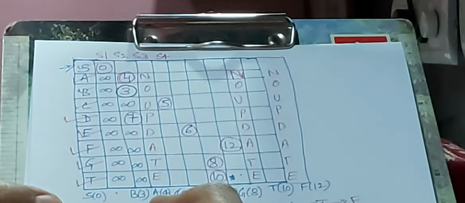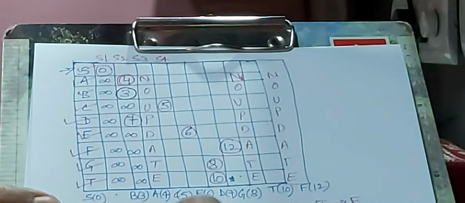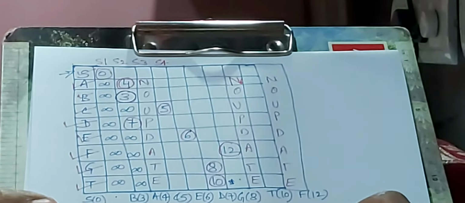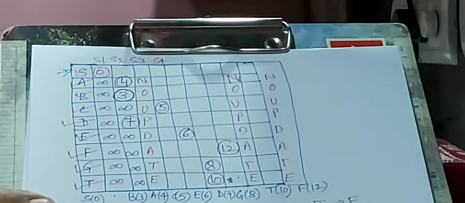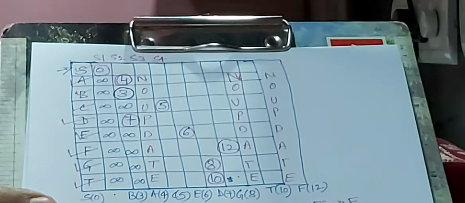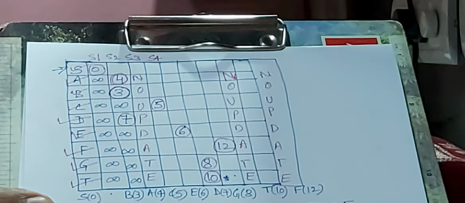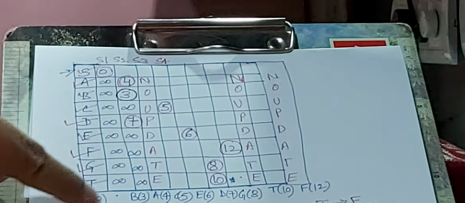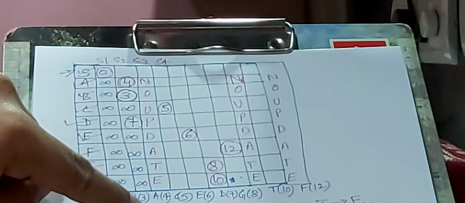So by adding this, this is the total cost, or you can say the minimum cost for passing a packet from S to T. And you can also say the minimum cost of moving between these different nodes: from S to B the minimum cost is 0, from B to A the minimum cost comes out to be 3, then from A to C the minimum cost is 4.